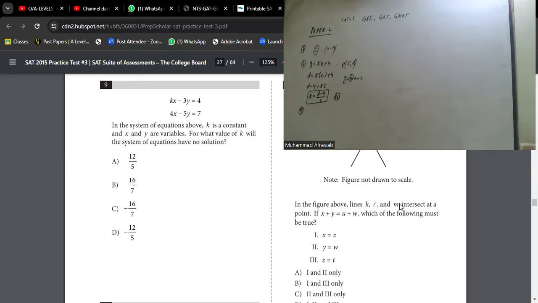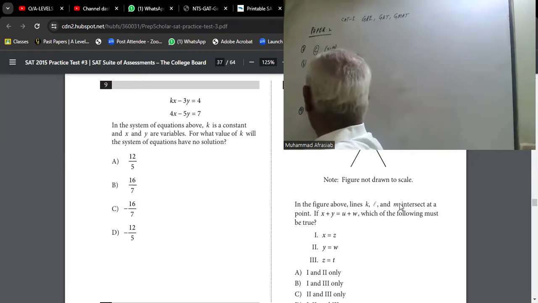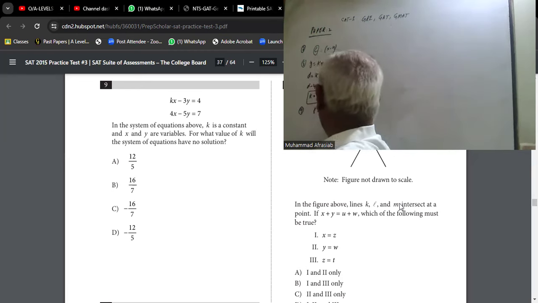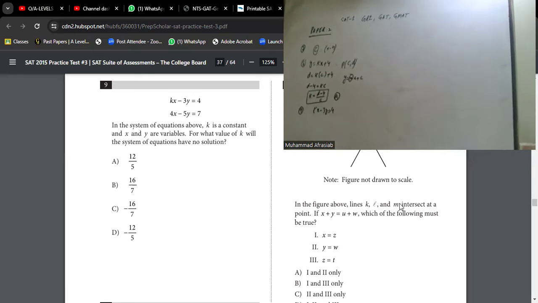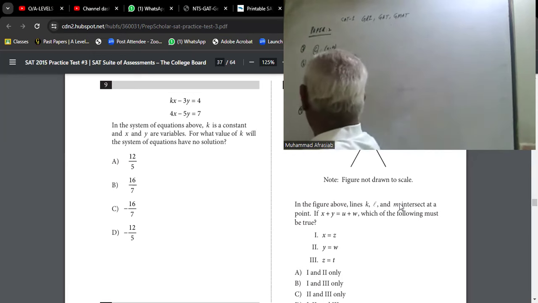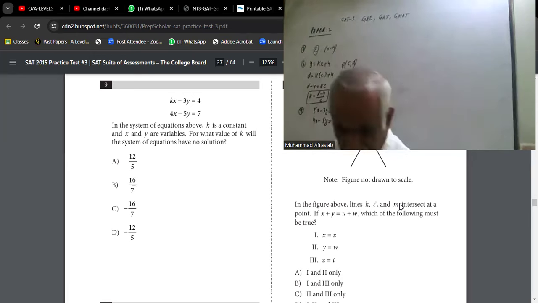So kx minus 3y is equal to 4. And the second one is 4x minus 5y is equal to 7.